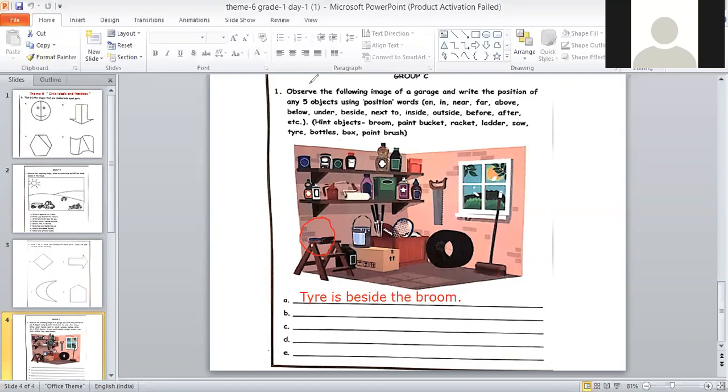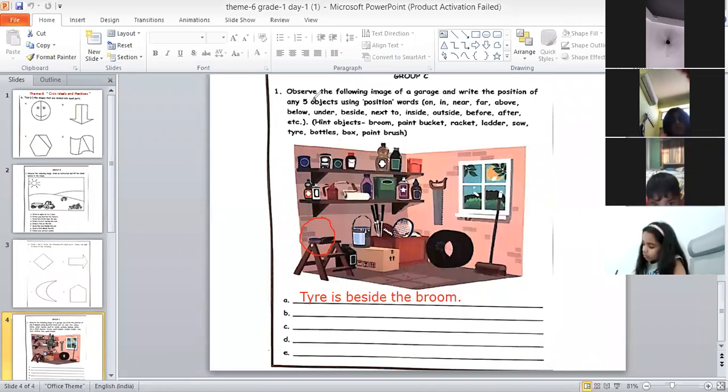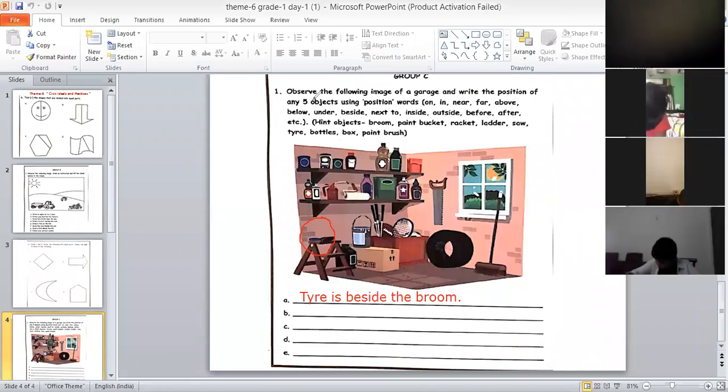Yes, Sudhamsh? Speak up, come on. Paintbrush. Okay, Sudhamsh, you tell me, is the paintbrush on the ladder, below the ladder, or above the ladder? Try to speak up, come on.